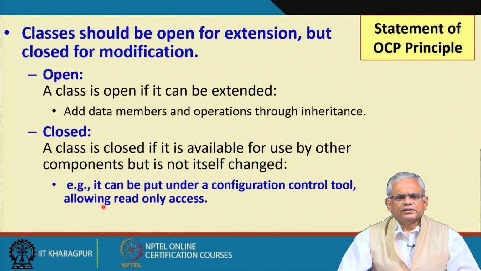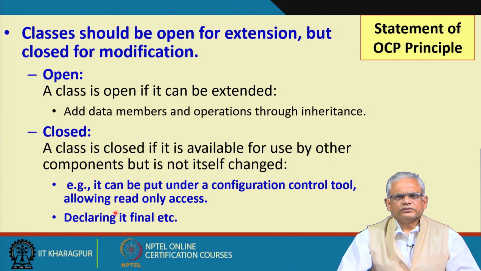Once we have a class which is working and tested, we should put it under configuration control and allow only read only access, or we may declare it final, etcetera, so that no modification can be done. There are various ways we can implement closed. One is that it will be under configuration control, we only have read access, and cannot really change the code.